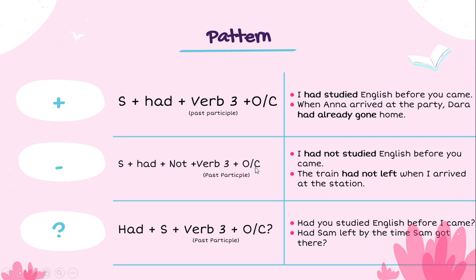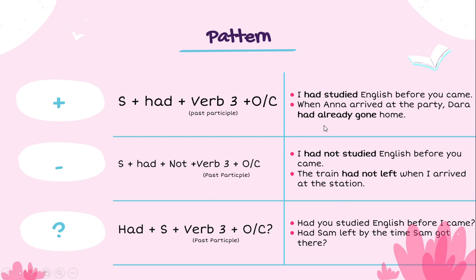For the negative sentence, subject, had, plus not, and then verb 3 or past participle, and then object or complement. For the interrogative sentence, the had moves to the beginning, followed by subject, and then verb 3, and then the last, object or complement.